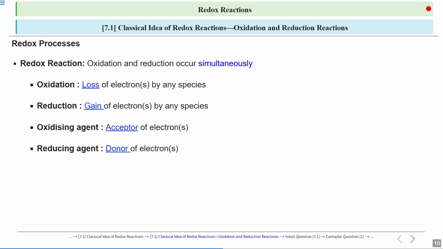We can easily understand it by stating that a substance that accepts electrons and gets reduced, that means a substance which is itself getting reduced, would be an oxidizing agent, while a substance that donates electrons and gets oxidized in the redox reaction would be considered as the reducing agent.